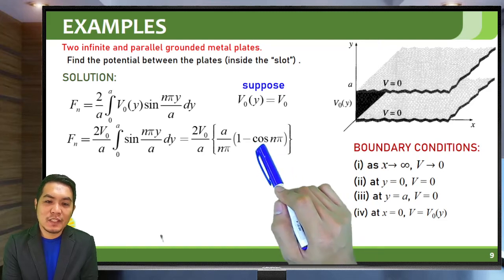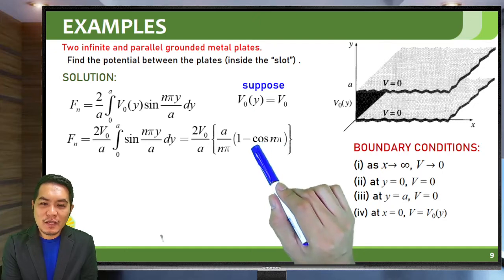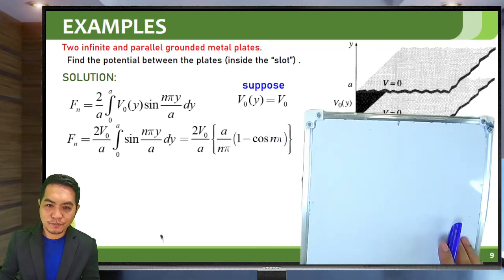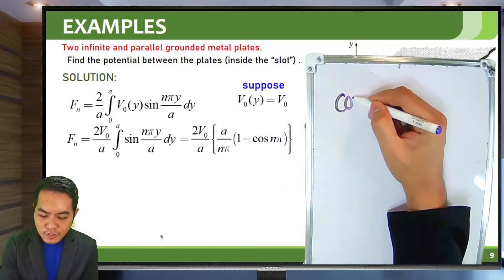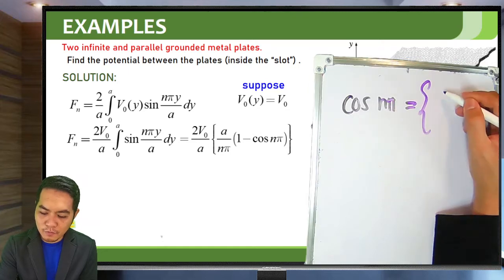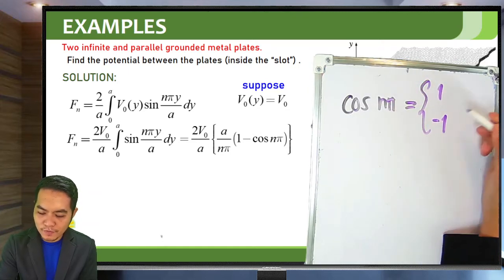Now, this value, cosine of n pi, can have a value of 1 or negative 1.